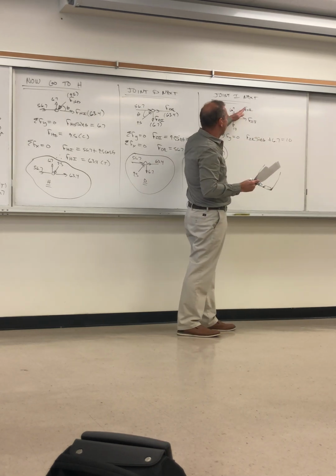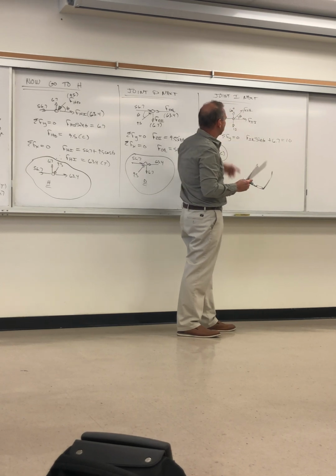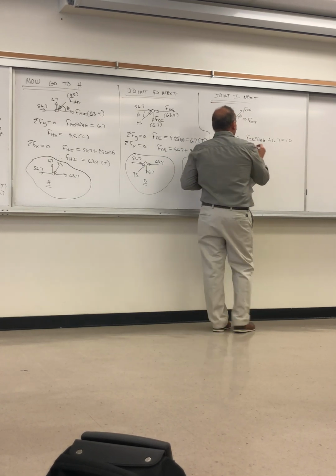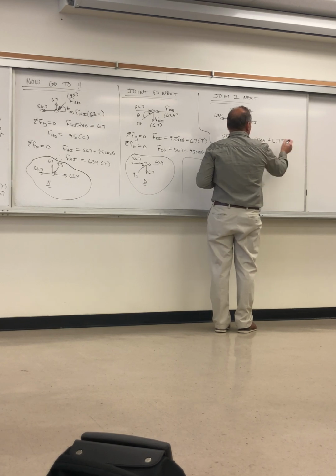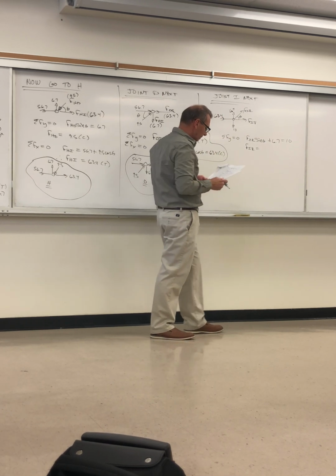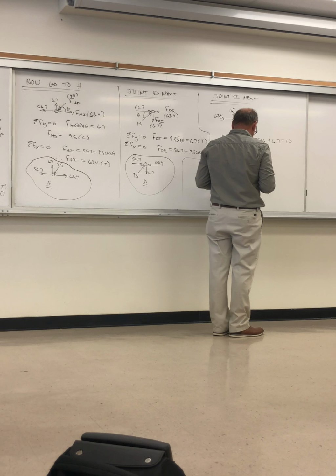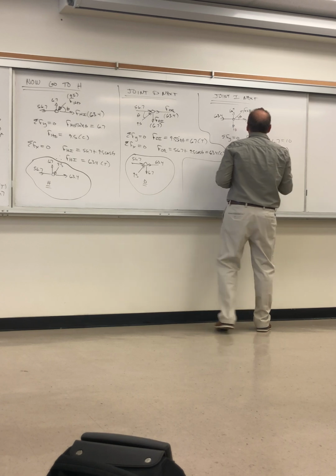So we can solve for F of IE. That's going to be 10 minus 6.7 divided by the sine of theta. You get 4.7 kips. These are all in kips. Tension.